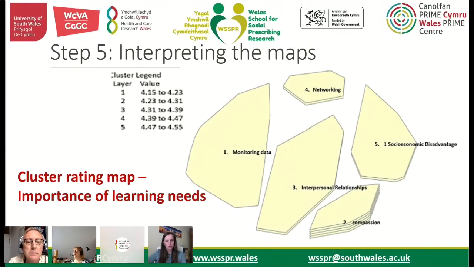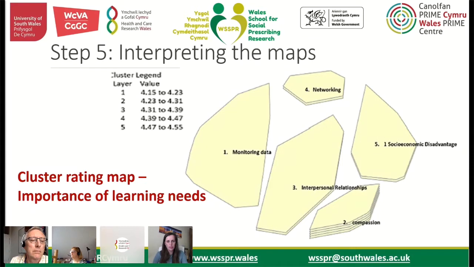So step 5 then, interpreting the maps. Now, I spoke earlier on about the 2 rating scales, and this one is the cluster rating map for importance. So we can see how important the cluster of the statements were for the participants.